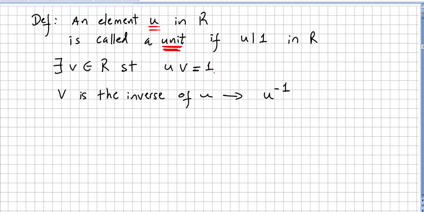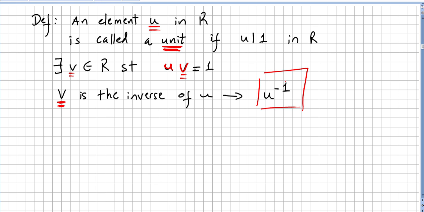So this element V will be the inverse of U. If you have an element U and you multiply by V and you get 1, V will be the inverse of U.